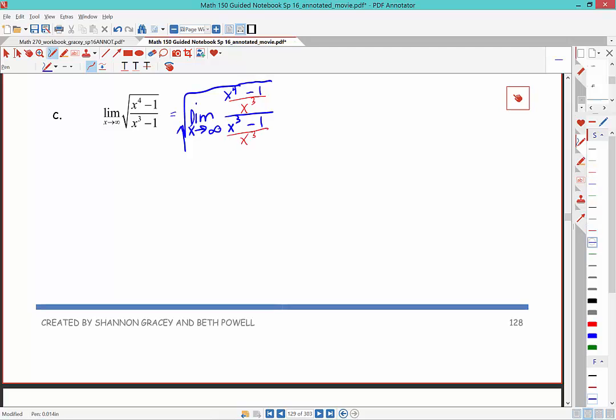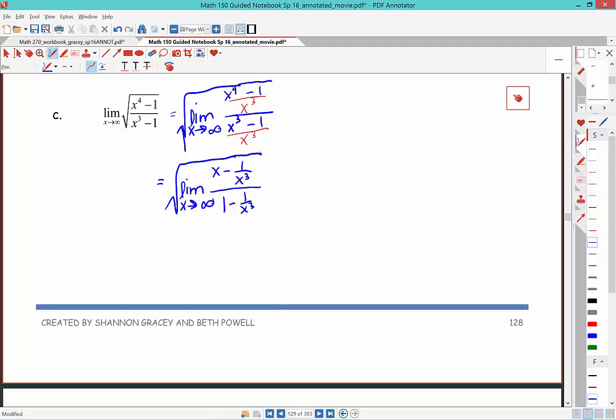Okay, so this will be the square root of the limit as x approaches infinity of x minus 1 over x cubed for that numerator, and then we'll have 1 minus 1 over x cubed.